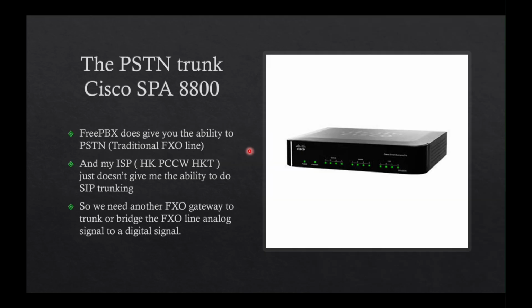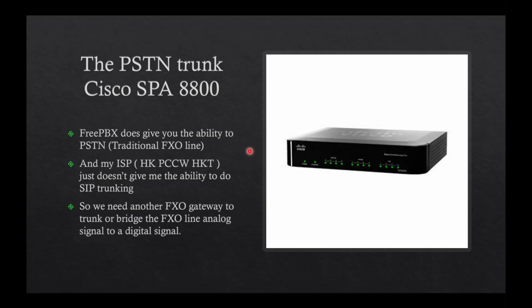So we need a PSTN trunk to connect to the outside, like the traditional FXO line. FreePBX does not give you the ability to do that. It's only software. And my local ISP, Hong Kong PCCW HKT, doesn't give me the ability to do that, so I can't do it just using the network.